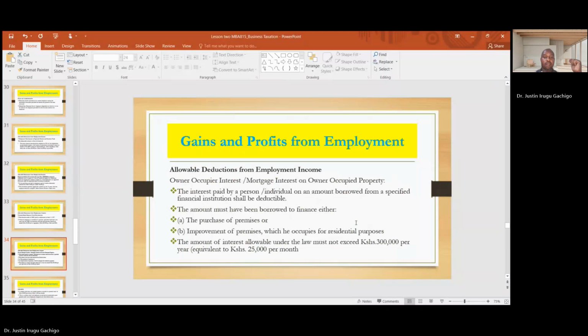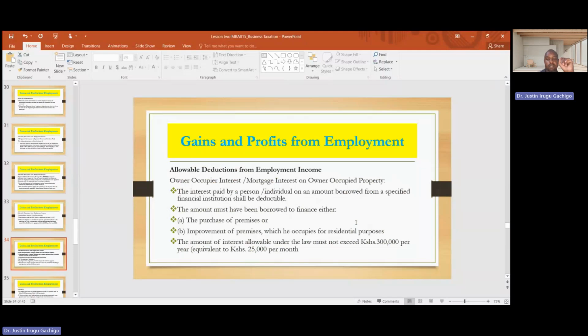Then we have the mortgage interest. For the mortgage, this is the interest paid on an approved mortgage from an approved financial institution, like let's say the Housing Finance.